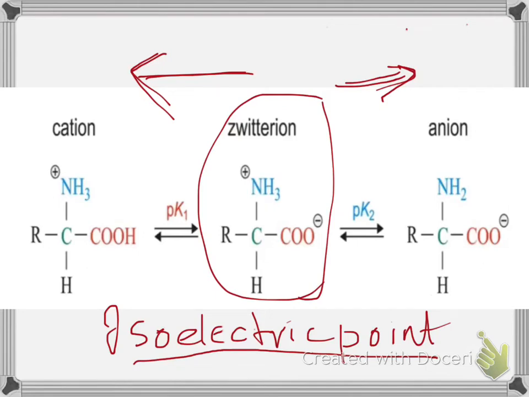This is because of the presence of the neutral charge in the zwitterion. You can see the zwitterion contains both positive and negative charge. So it is a neutral molecule. So this cannot move to either of the electrodes, either to the cathode or to the anode.